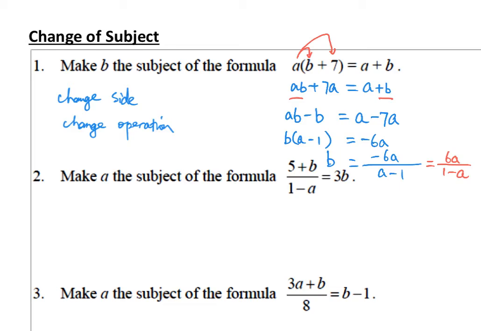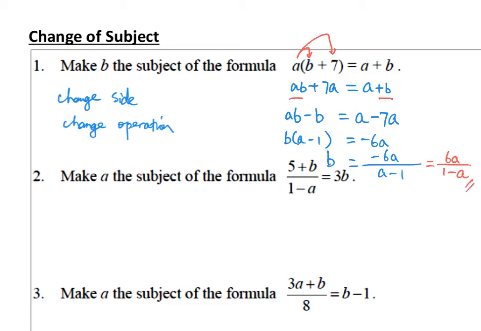Okay, negative 1, a plus 1, just 1 minus a. I move this negative sign in the denominator, so everything will become opposite. This is positive a, opposite is negative a. This negative 1, opposite is positive 1. So this is the final answer.